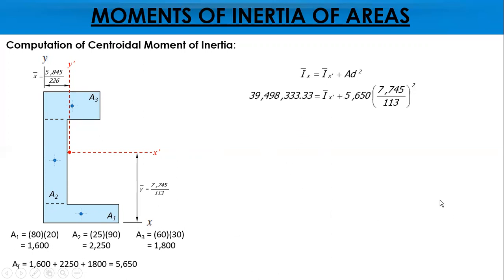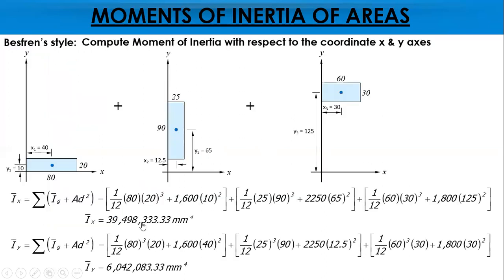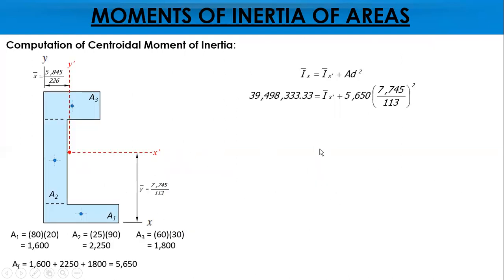Let's substitute. This one, Ix with respect to the coordinate x-axis, Ix centroidal of the whole area, D is y bar squared. We get 12 million.